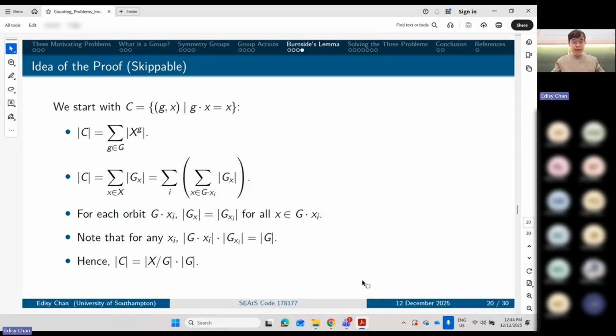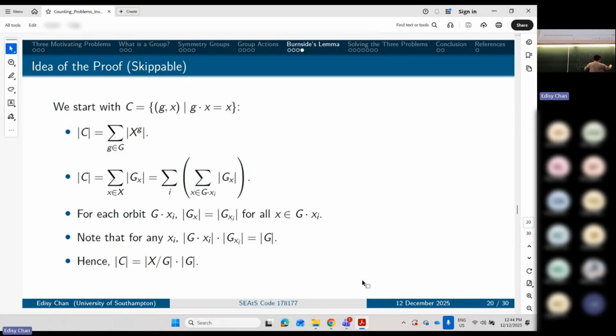Now this will actually give you back the number of elements in G. Eventually you will have the sum as a sum over I of the absolute value of G. But remember the outer sum is summing over the number of orbits, so now you have X quotient G number of absolute G terms.